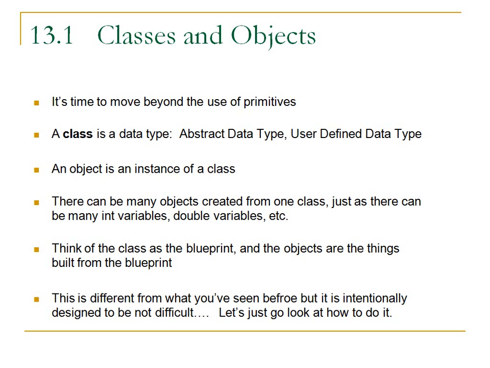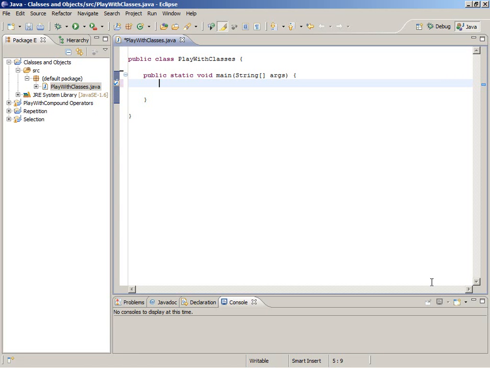And you don't know what that means yet, but you're going to very soon. Let's just go immediately into Eclipse and build a class, look at the conventions, and start using them. So get your Eclipse open and do this along with me.